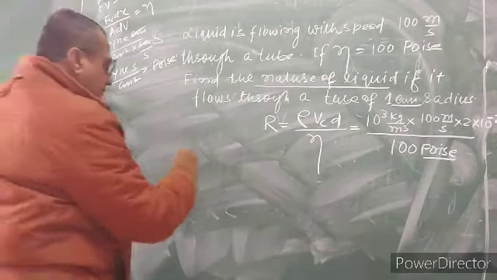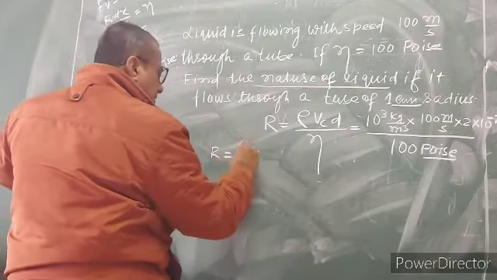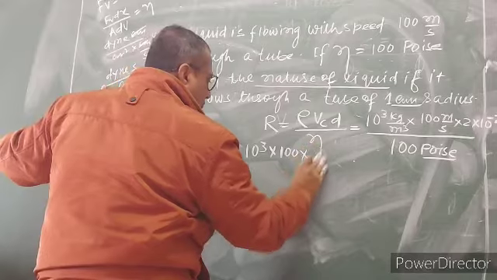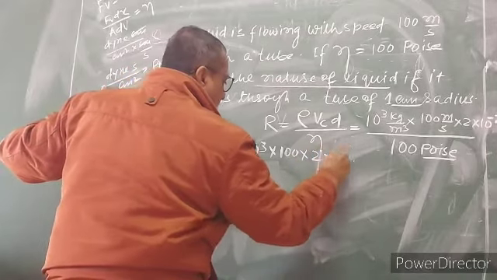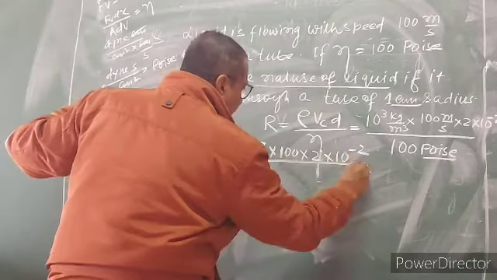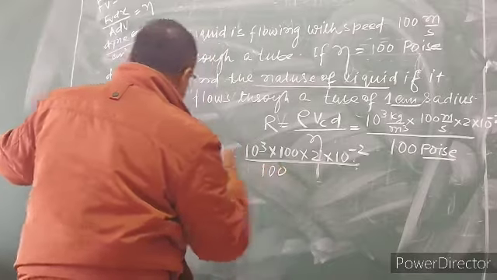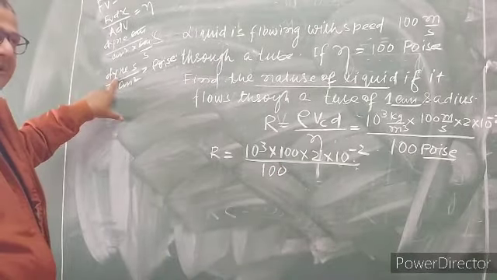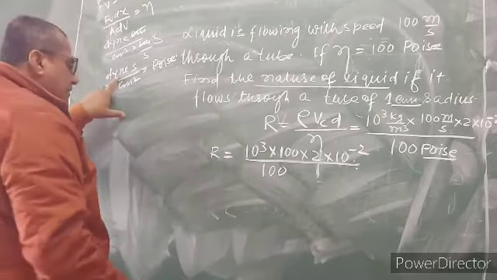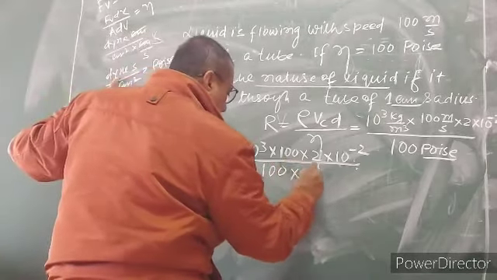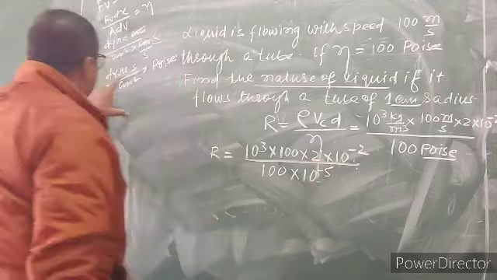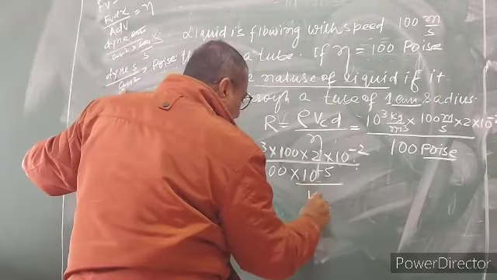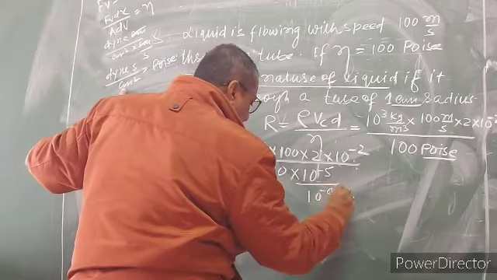So R will be equal to 10 to the power 3 into 100 into 2 into 10 to the power minus 2 divided by 100 poise. Poise means dyne second per centimeter square. 1 Newton equal to 10 to the power 5 dyne, and 1 dyne equal to 10 to the power minus 5 Newton. This is the centimeter square, so 10 to the power minus 4 meter square.